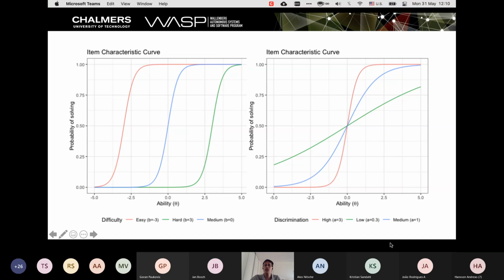And very similar, you also have discrimination. So for this curve here, all of them have the same difficulty, that is 0. But some items, if they have a low discrimination, you need a lot of difference between the abilities of the test takers, the students, to actually increase the probability of solving.